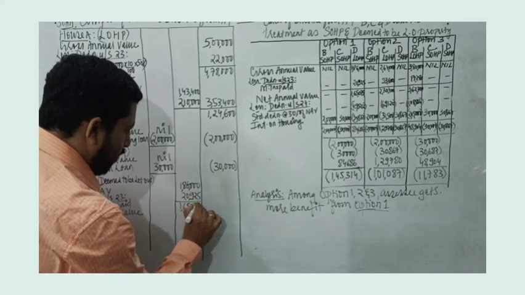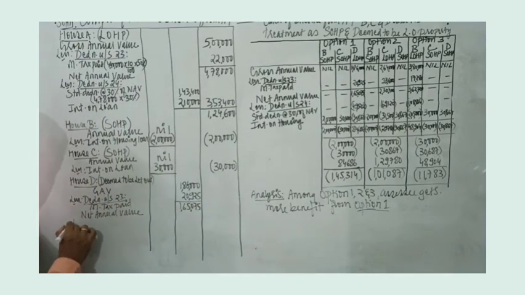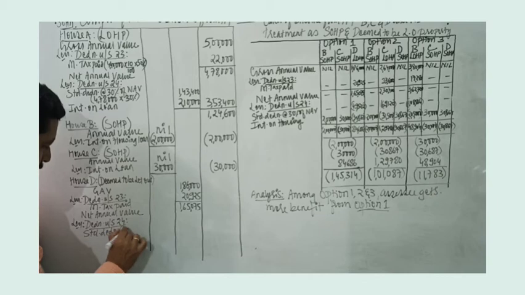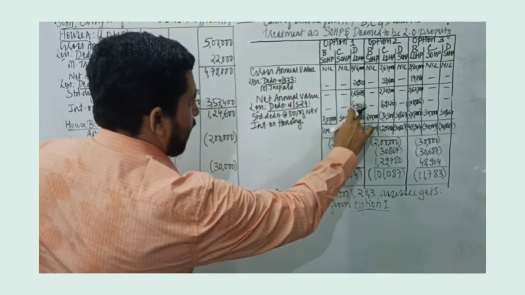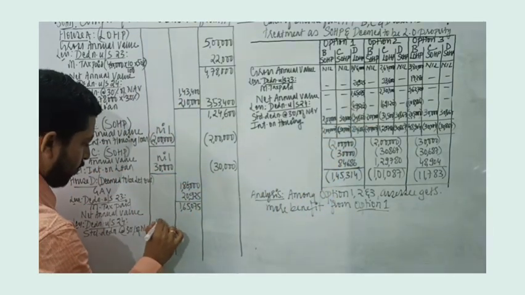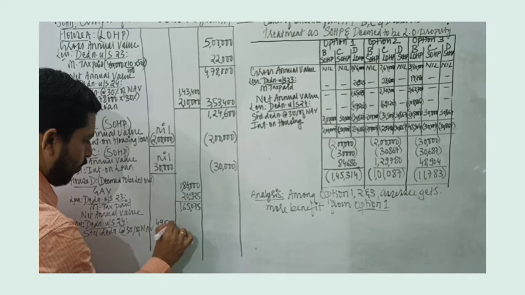1,65,075. Then we have less deduction under section 24. We have, as usual, 2 deductions. Standard deduction, already calculated at 30% of NAV, is 49,522.